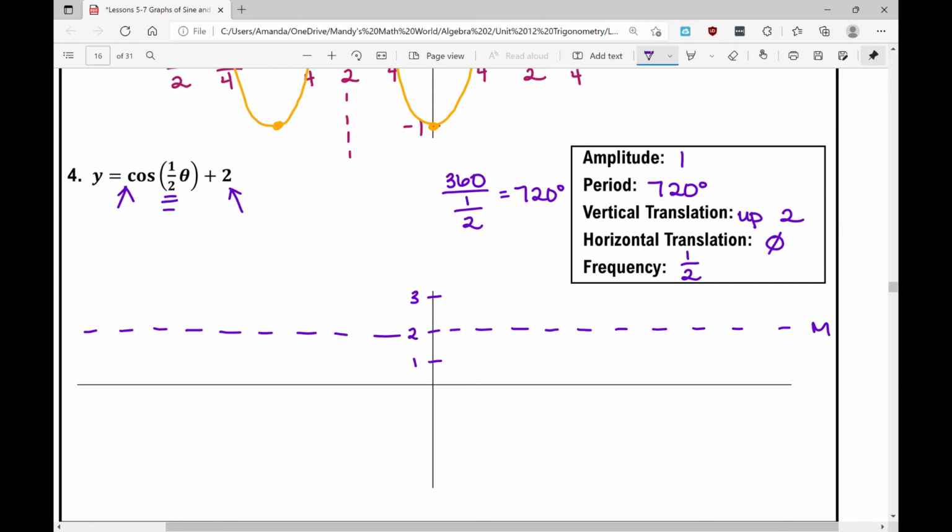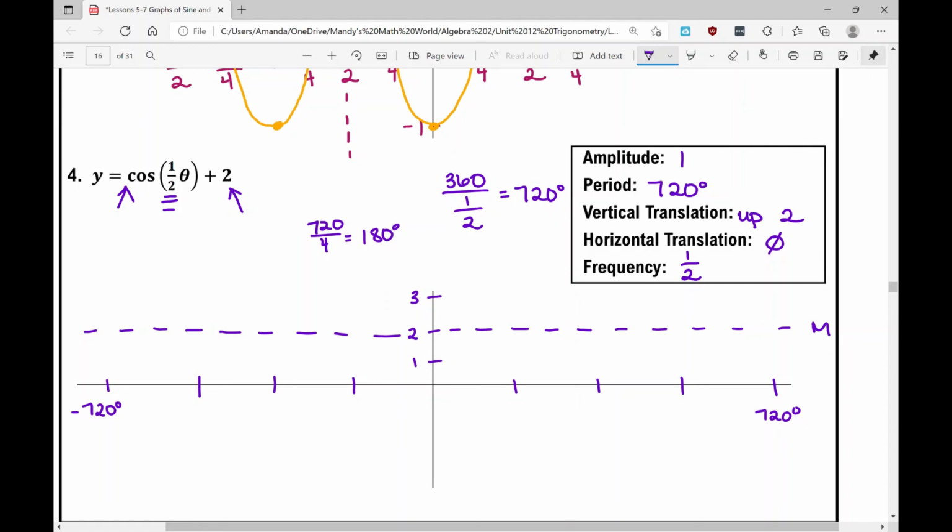So how am I going to label that? Well, I'm going to go all the way out to here, and that's 720 degrees, and all the way out to here, and that's negative 720 degrees. Then I'm going to take 720 degrees and divide it by 4, and I get 180, which means I'm going to draw 3 tick marks, so I've got my four lines on either side.